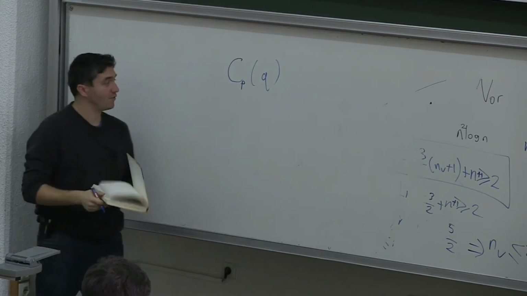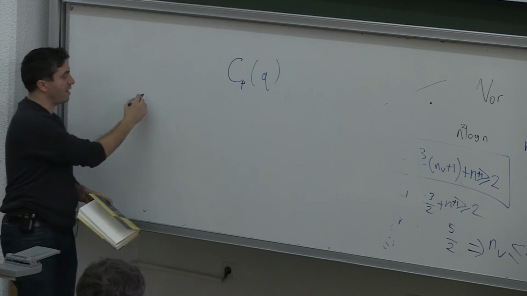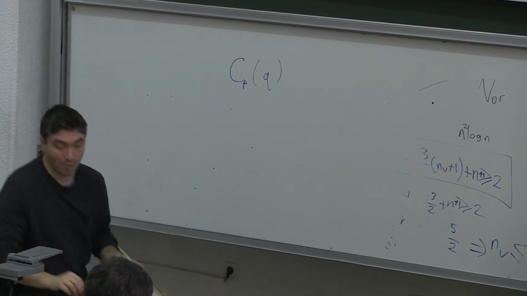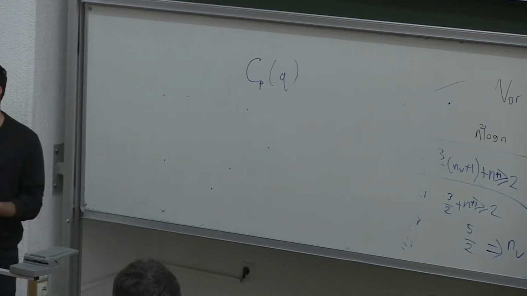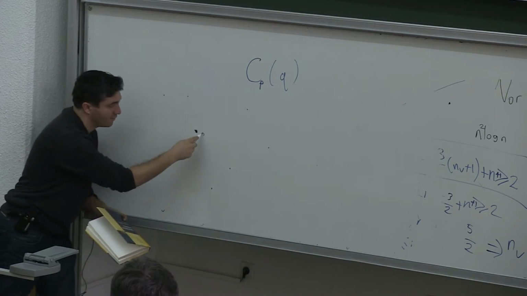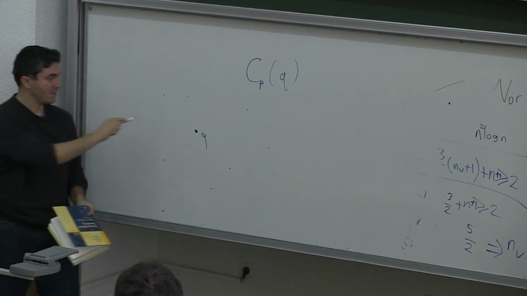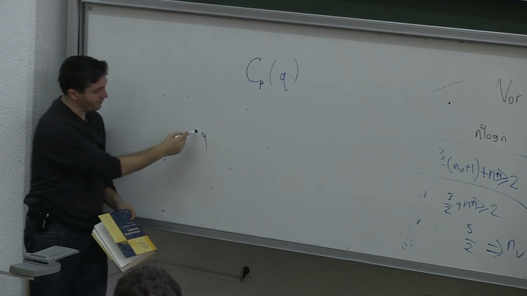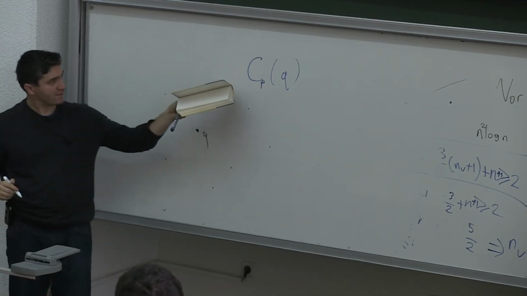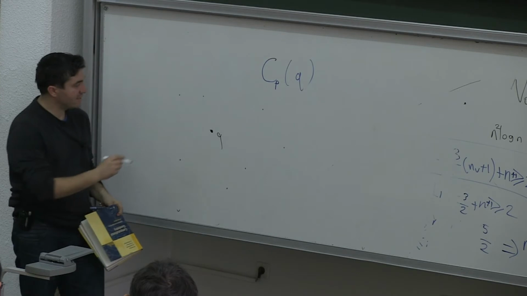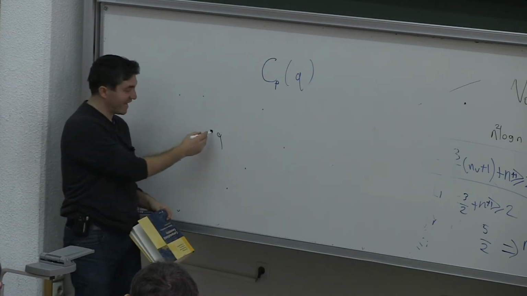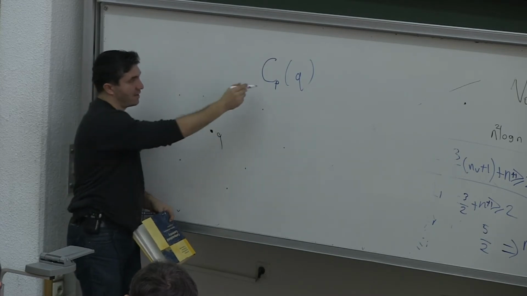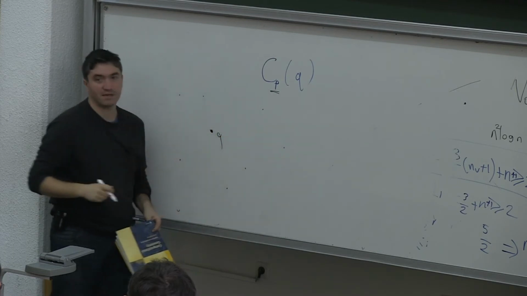Okay, given a set of points P, okay, these are our sites, and given an arbitrary point which is not a site, okay, this is now given another point Q which is not a site. So our sites are given in this point set P, and given another point Q. The CPQ is defined as the largest circle centered at Q which does not contain any point from P inside it.